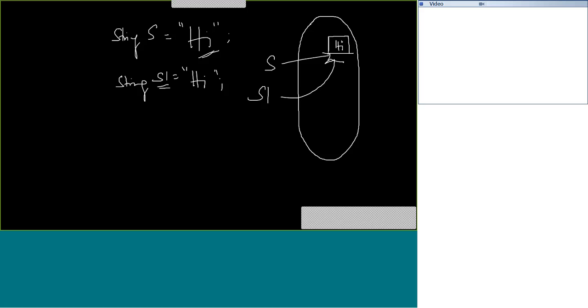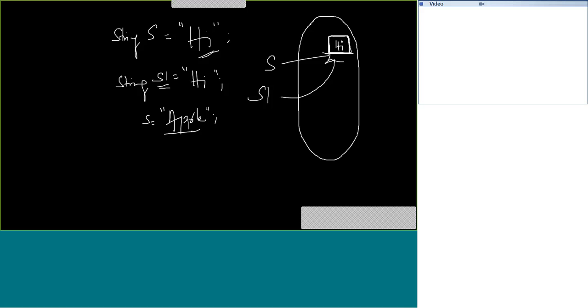That's how it is. So now let's say you change the s value, s is equal to, for example, "apple". Now what will happen? This slot is not changeable. It's kind of read only.